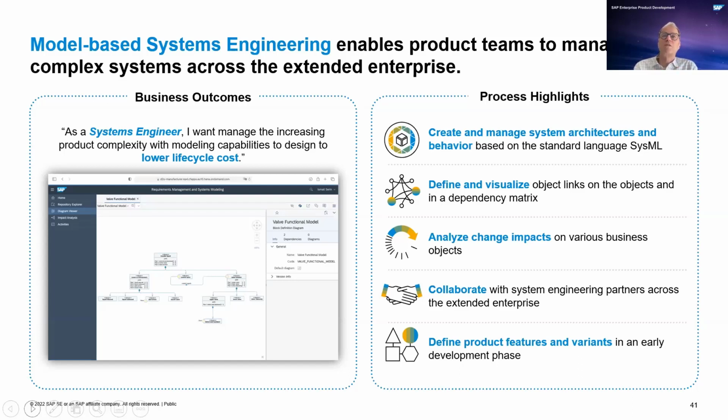We have the integration to the collaboration here as well. And we recently, last year, developed certain functionalities to describe features and early variants of the product, starting with the definition in the requirements, defining variants in here that will then be realized further down in the system in the detailed development phase.